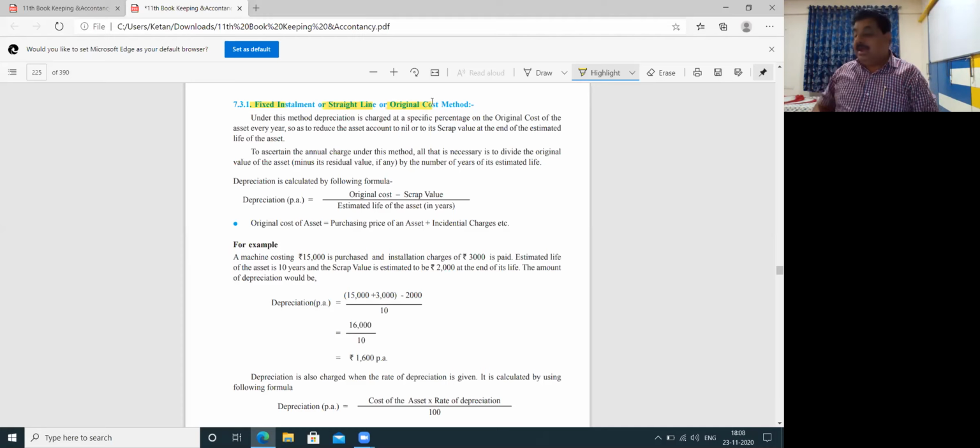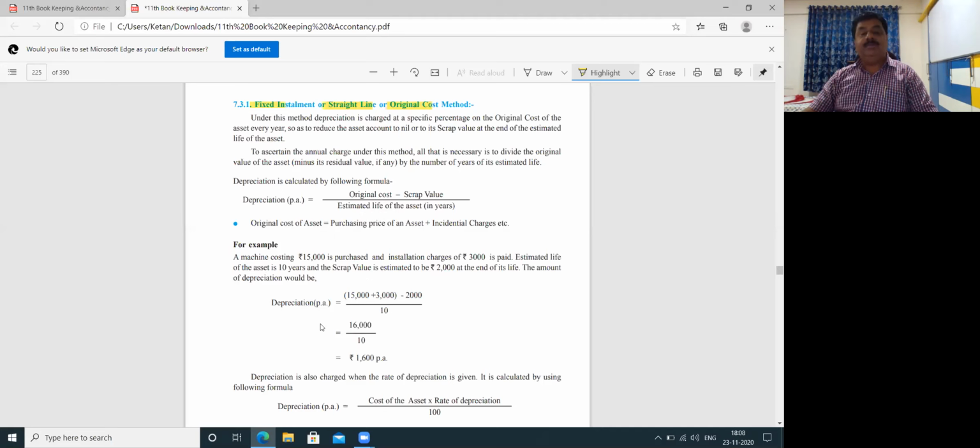ओके. आणि समजा percentage नाही आहे, if percentage of depreciation is not given, then this is the formula for that. Depreciation per annum is equal to original cost minus scrap value divided by estimated life of the asset in number of years. ऐसे एक example दिले बघा. Machine costing rupees 15,000 purchase, installation charges 3,000 paid, estimated life is 10 years, scrap value is 2,000 at the end of its life.